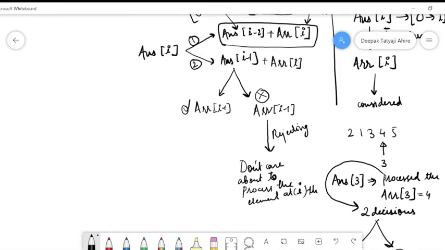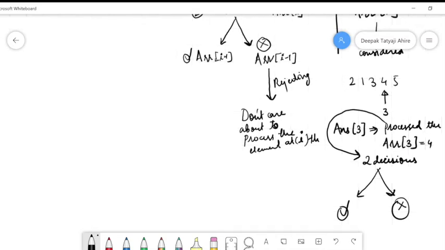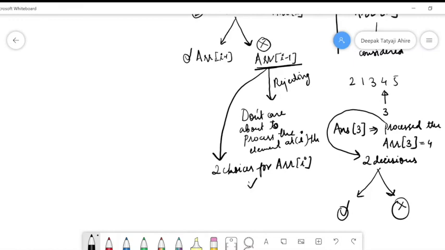Why? Because if I don't select the ARR of I minus 1, then I am left with two choices for ARR of I, that is to select it or to reject it.